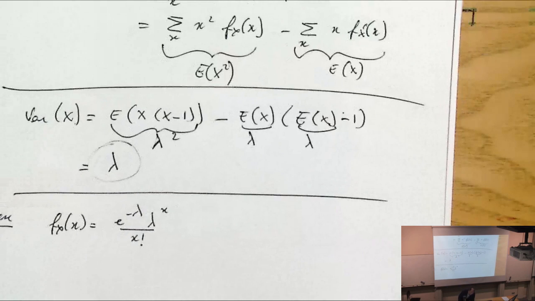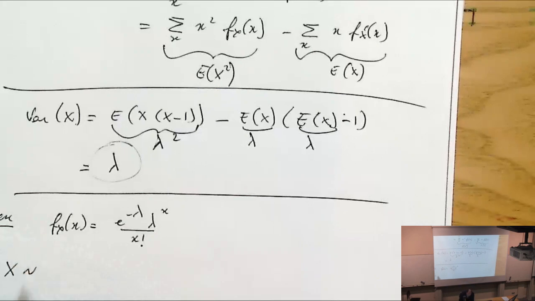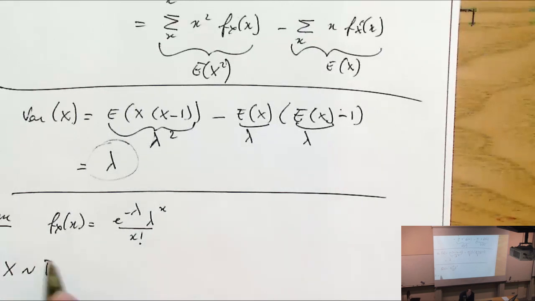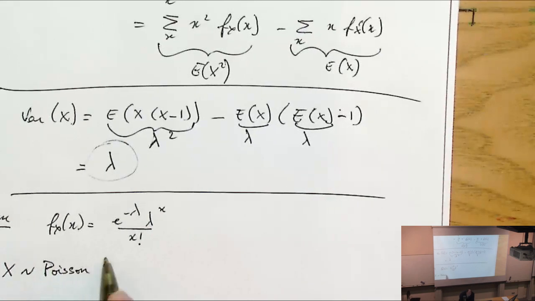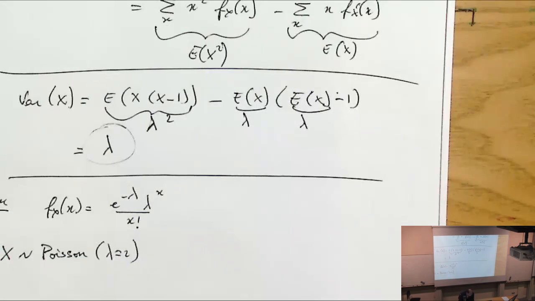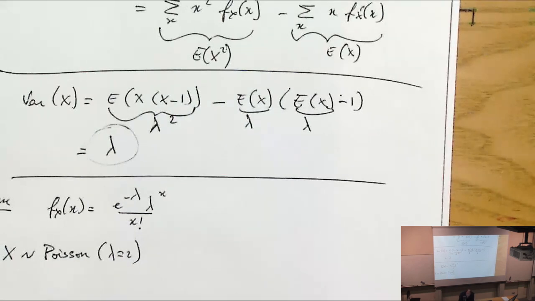Right, so let's imagine a simple example here. I have x that is a Poisson random variable with a certain parameter lambda equal to 2.